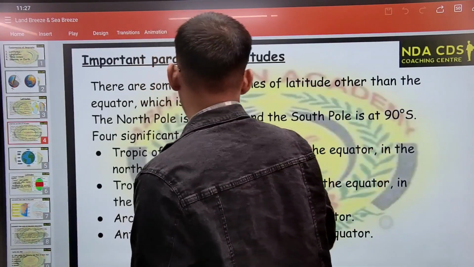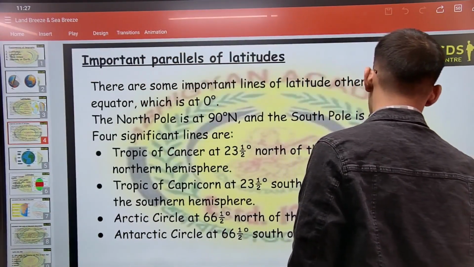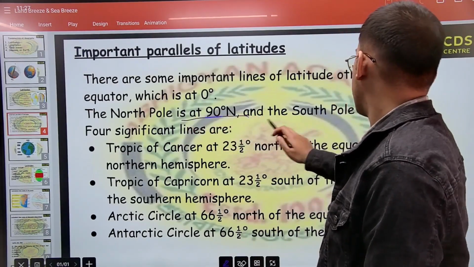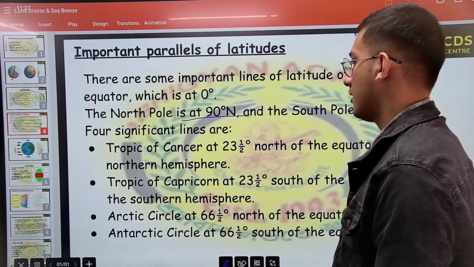Now we go on to important parallels of latitude. Firstly, the North Pole is at 90 degrees north, the South Pole is at 90 degrees south.